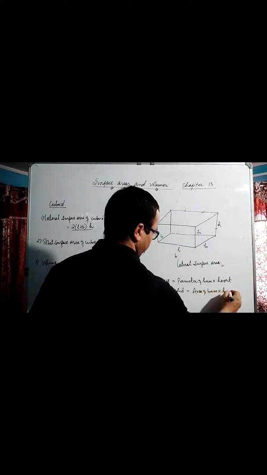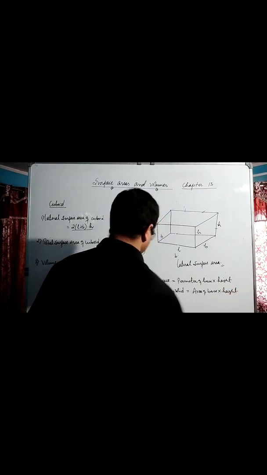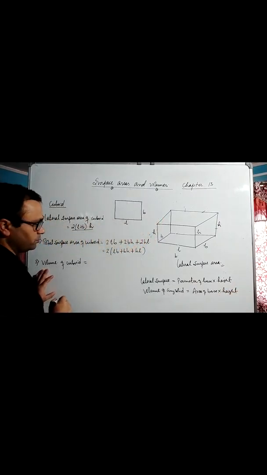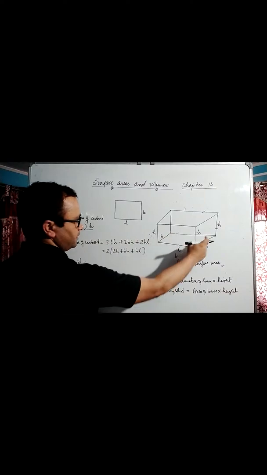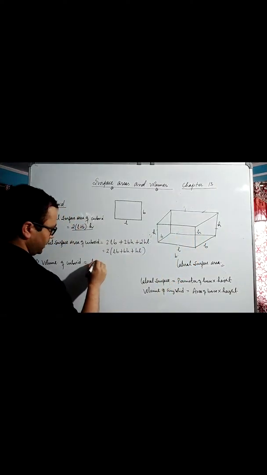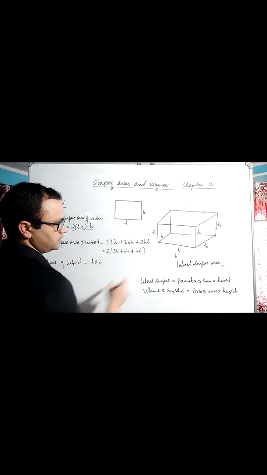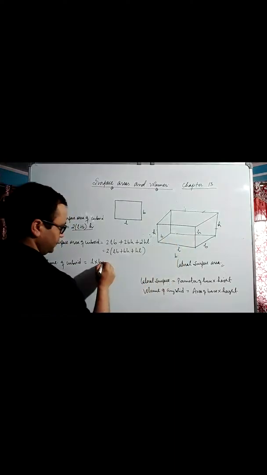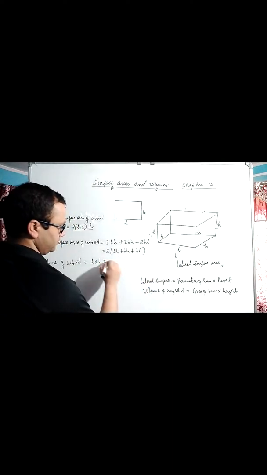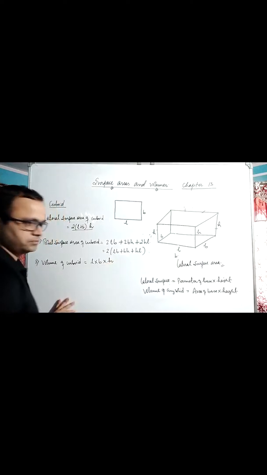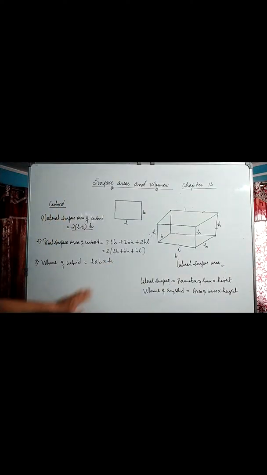So the volume of the cuboid is the area of the base, which is the area of a rectangle, L into B, multiplied with the height. L into B into H is the volume of the cuboid.